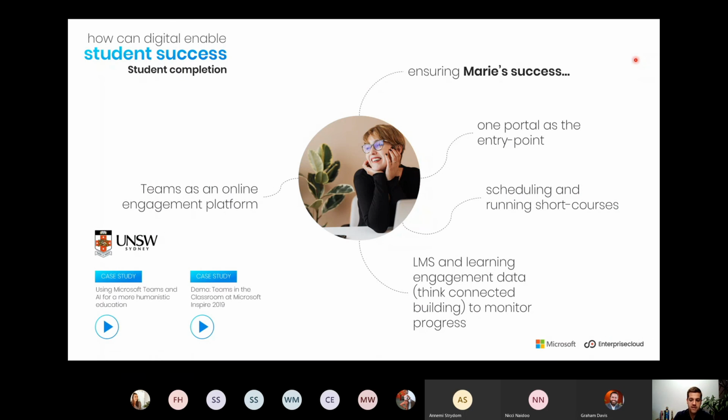Having a look at Teams as an online engagement platform, it's something that I think a lot of businesses accelerated. It's an area that Microsoft have grown in the hundreds of percentages around the world, obviously due to COVID. But more and more organizations and institutions are looking at technology like Teams and others to see how do we engage online. I was talking to Tanya earlier about this particular webinar.